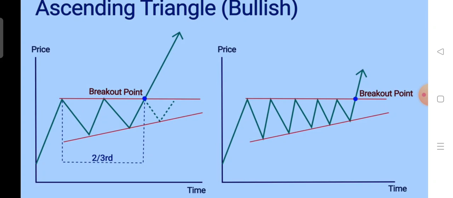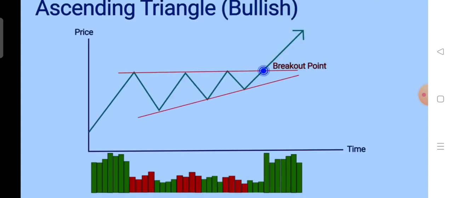Normally, during the formation of an ascending triangle, the volume is low. Before the formation, during the up move, the volume was high. During the formation, volume comes down. And when there is a breakout, normally we see the volume return. If there is enough volume on the breakout, we can be a little more assured that the breakout can be sustainable.